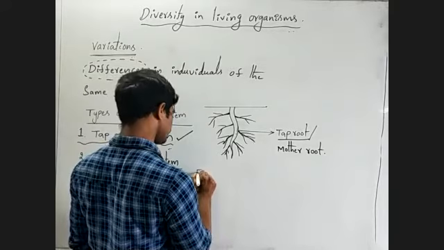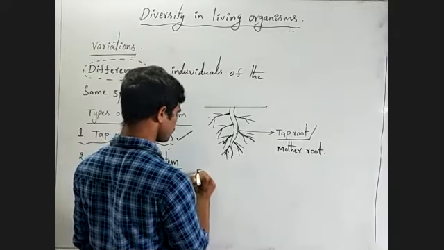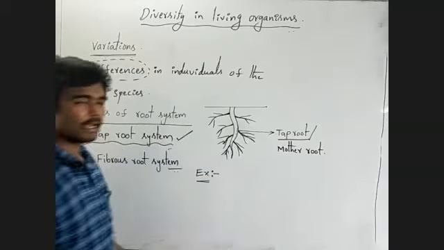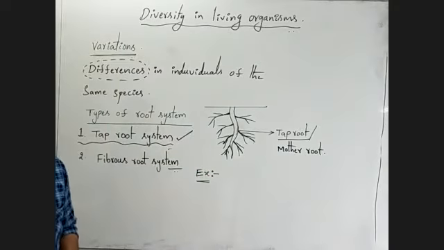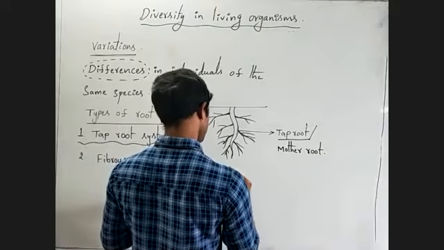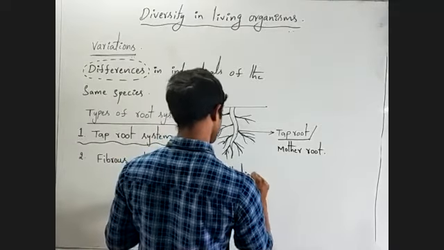Examples for this taproot system: which type of plants have this type of root system? Maximum all dicots.